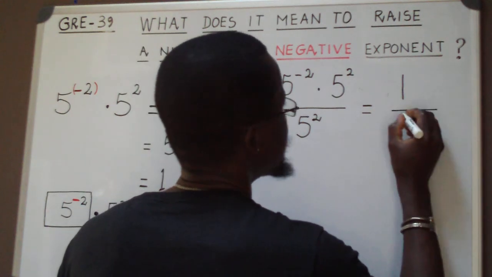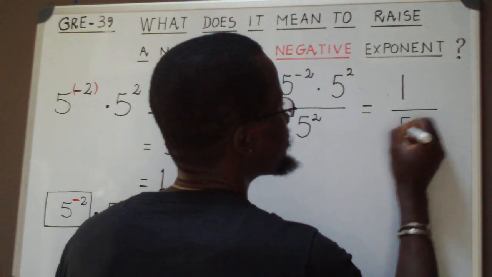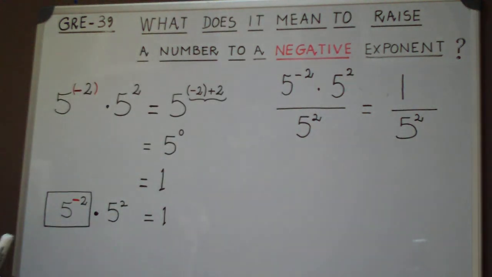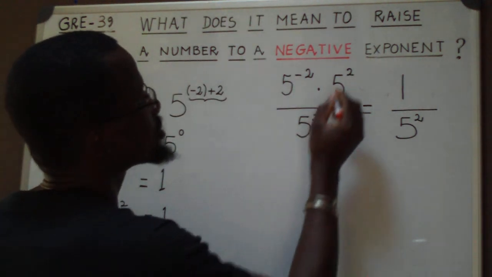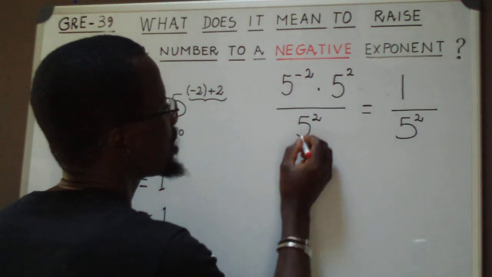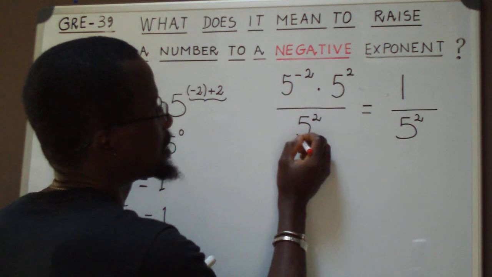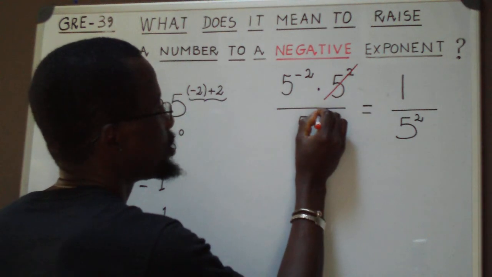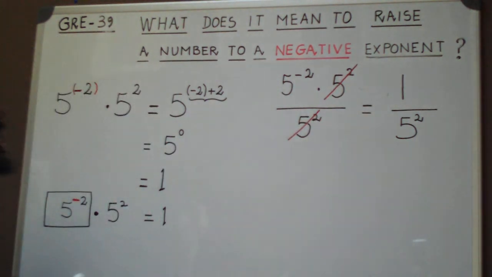So I'm going to divide this side here by 5 raised to the exponent 2. Now that I've divided both sides, I can see that this factor is also at the denominator. So it is a common factor to both the numerator and the denominator. So therefore I can cancel it out.